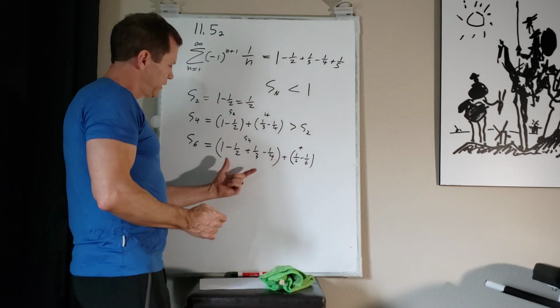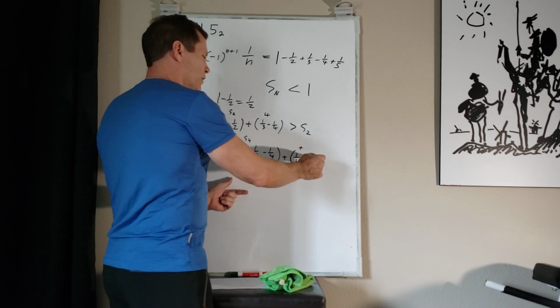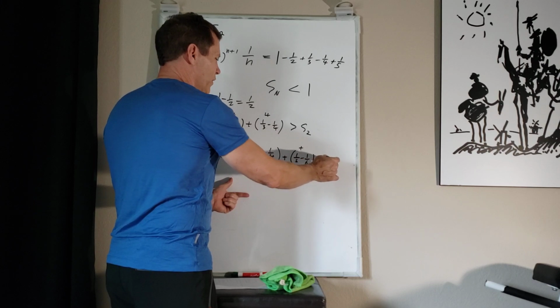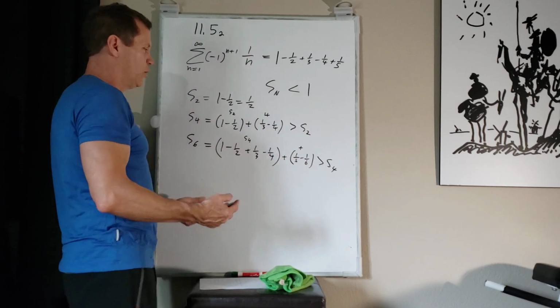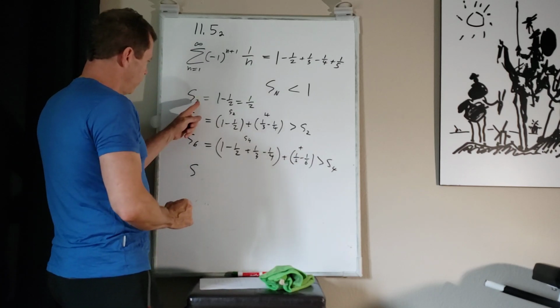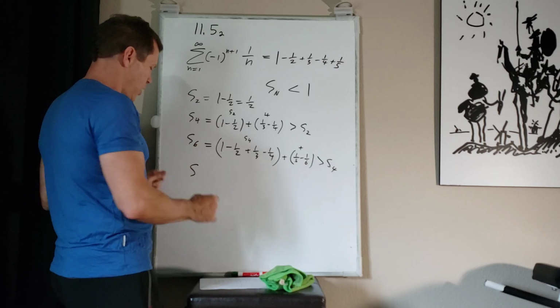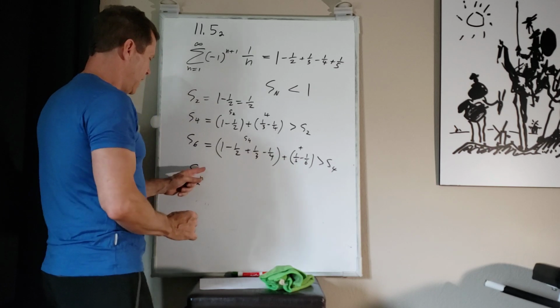So S6 is S4 plus a number. So I know S6 has to be bigger than S4 because there's S4 and I added something to it to get S6. So I do know that S2, S4, S6, S8, and on out the even numbers, so S2n, I know that that is an increasing sequence.